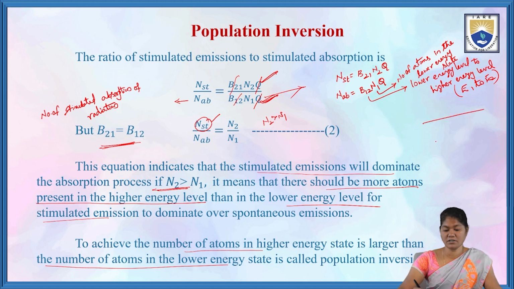Generally, if E1 is the lower energy level, E2 is the higher energy level, and N1 is the number of atoms per unit volume in the energy level E1, N2 is the number of atoms per unit volume in the higher energy level. Usually the atoms will be more in the lower energy state compared to the higher energy state.